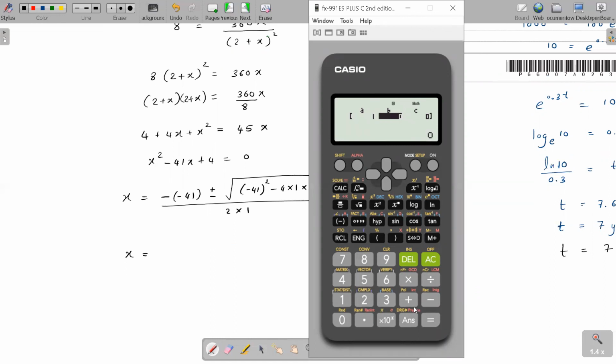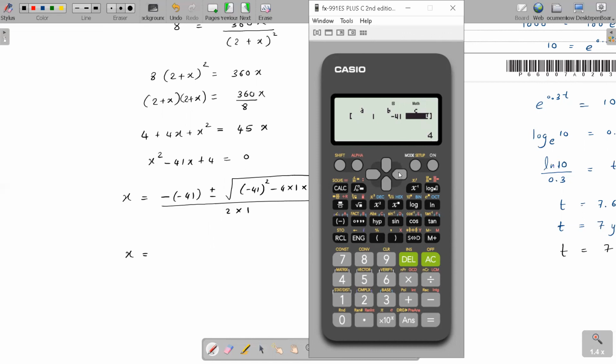A is 1, b is minus 41, c is 4, so hopefully I've not made any error.